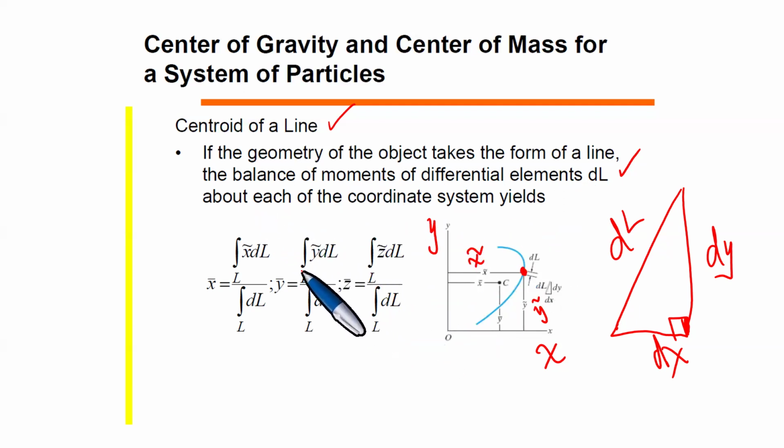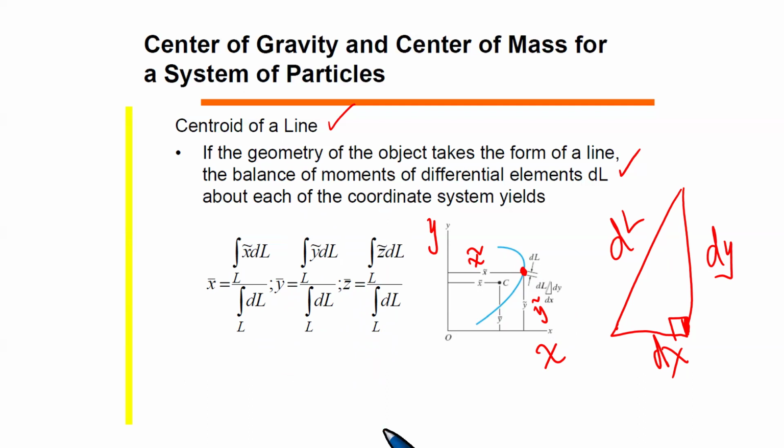If this is x tilde, then x bar is the integral of x tilde dl over the line of length L divided by the integral of dl over the length L. For the y component of the centroid of a line, you take the integral of y tilde dl over the line of length L divided by the integral of dl over the line of length L. What about z bar?